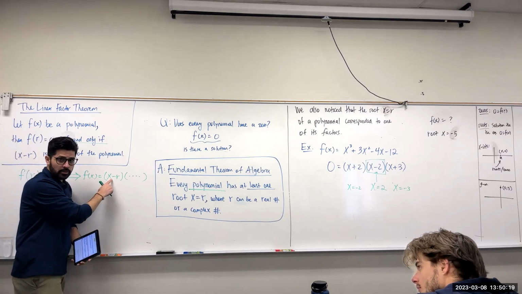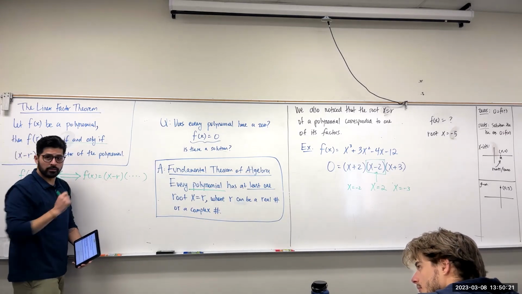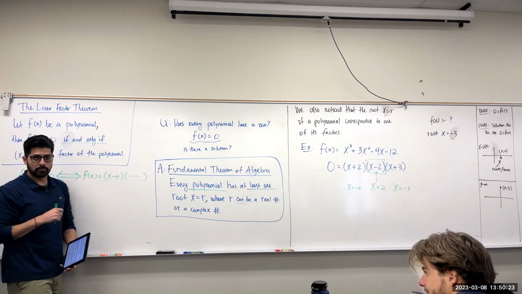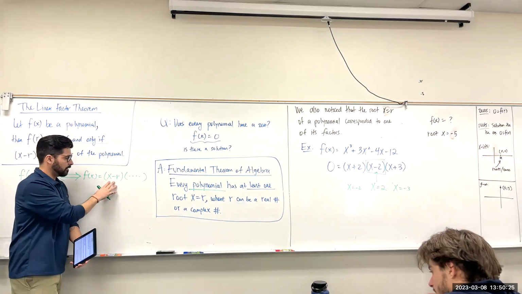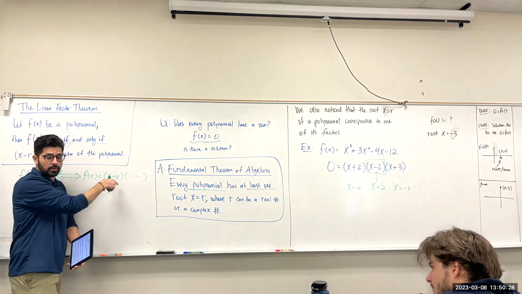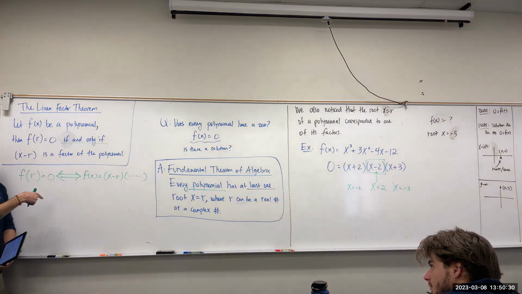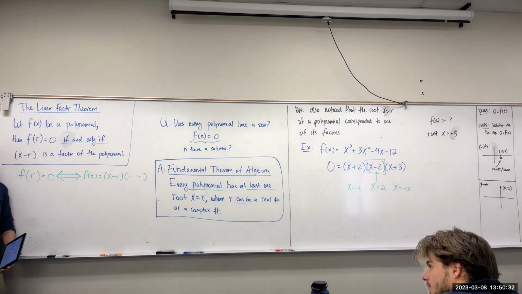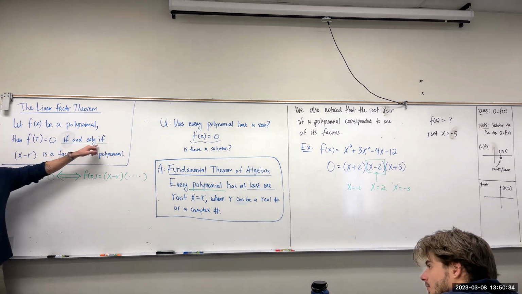Then it cannot factor in such a way that this is one of the factors. What if I factor it and this doesn't happen? What can you conclude? That's not true. So that's what this "if and only if" thing is saying in math.